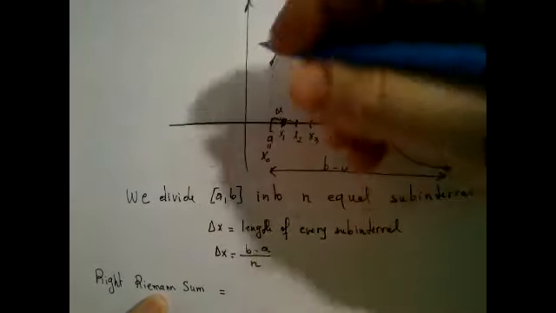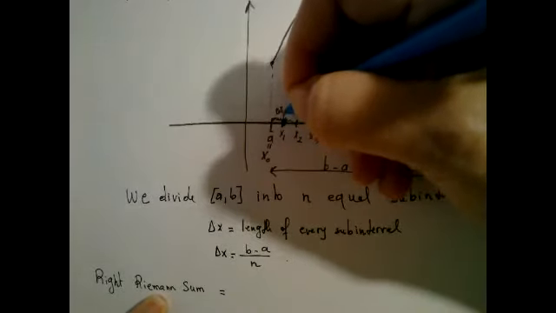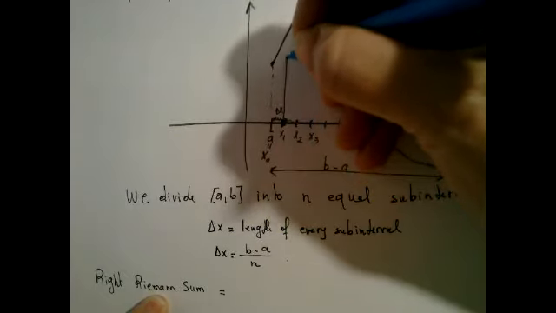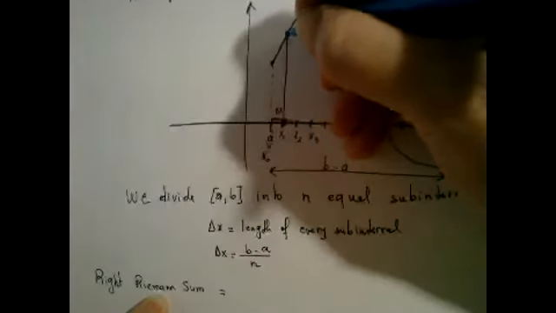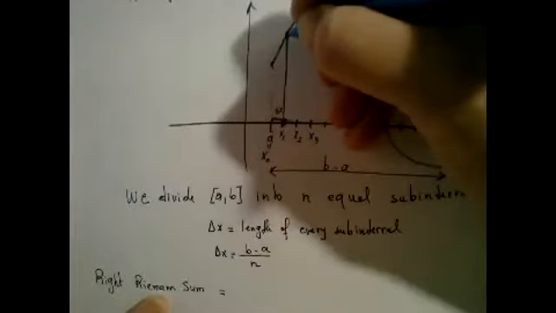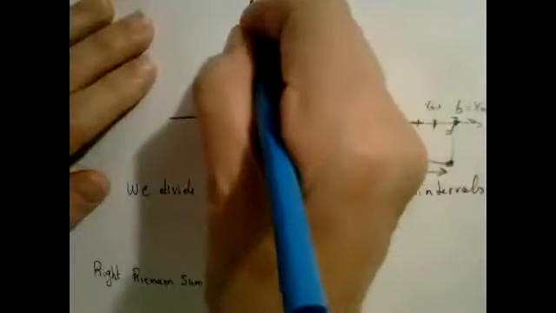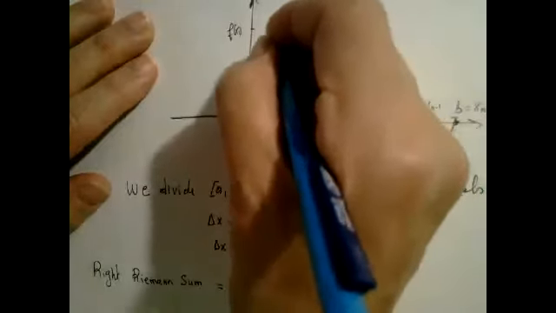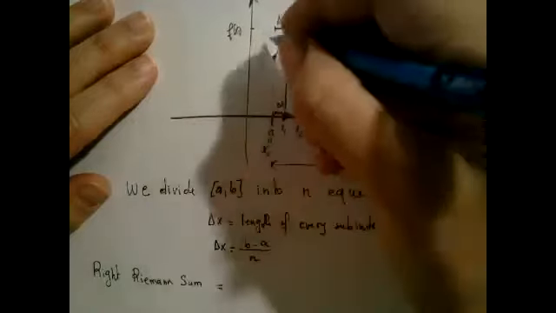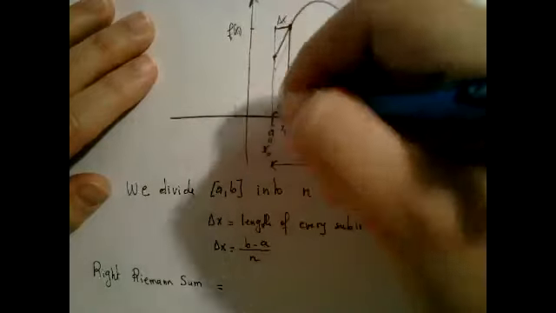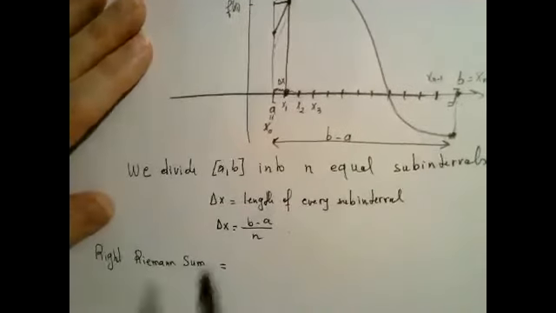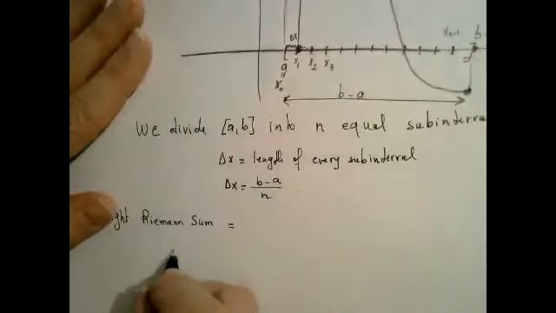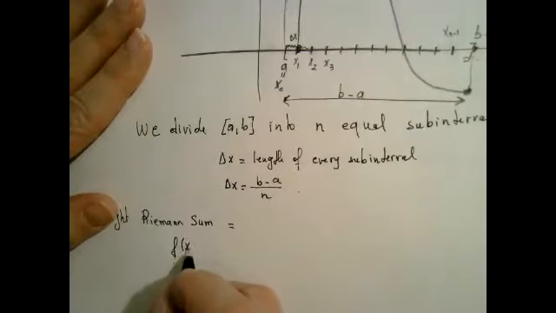This is x1, we have a function. We take the value of the function at x1. From here to here, this point right there is f of x1. We multiply it by this little delta x. So we take f of x1, the value of the function at x1, times delta x.